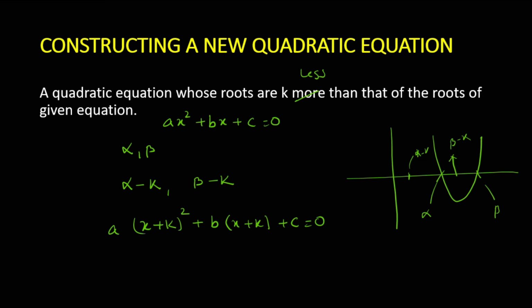So the new curve is like this. It means that the graph shifts leftward by k units. So when we put x plus k in place of x, the graph moves k units leftward.